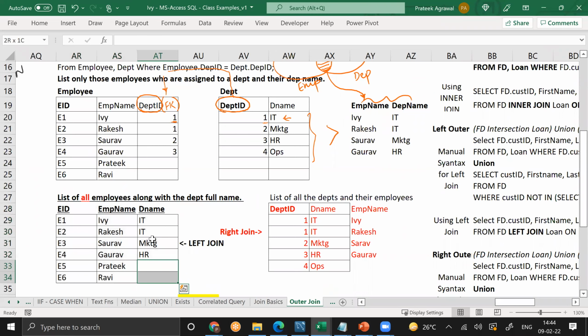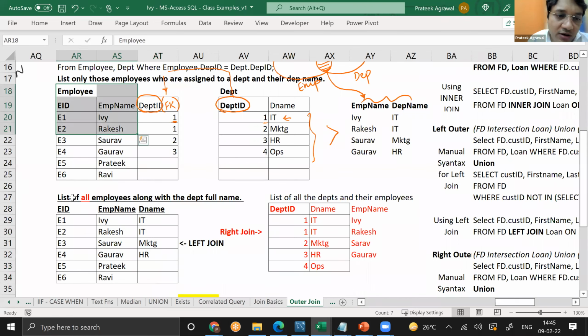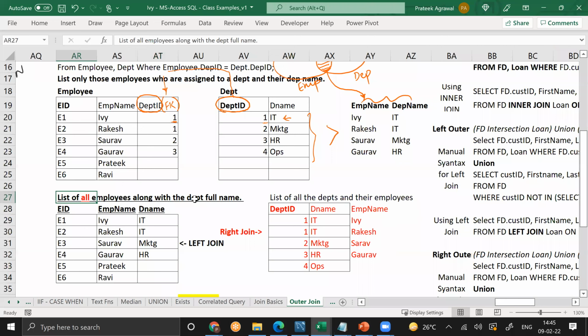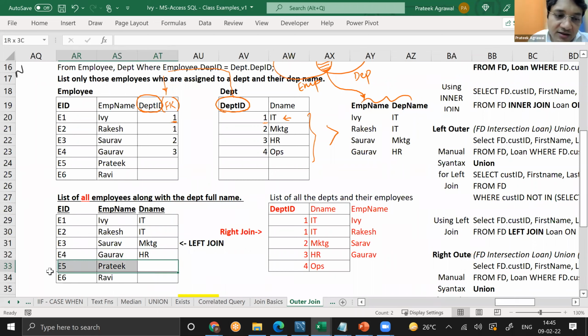I want the list of all the employees along with the department full name, and where there is blank, it should show the department name as blank. That's it.